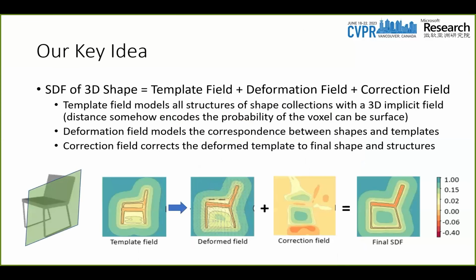Here we illustrate our implementation with a 2D slice of a 3D chair. Note that the template field shared by all the shapes actually encodes all the possible shape structures in the shape collections. The deformation field then models the correspondence between the 3D shape and the template. The correction field actually corrects the deformed template and filters off all structures not in the current shape to get the final shape details and structures.